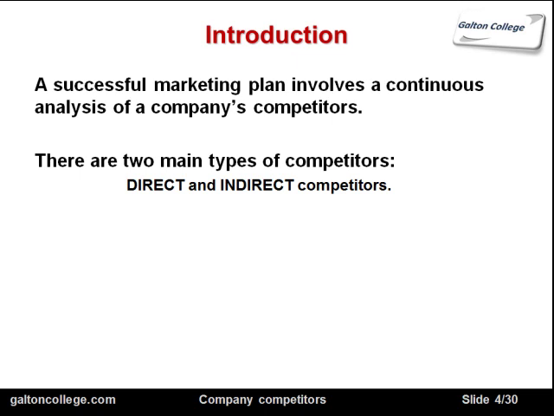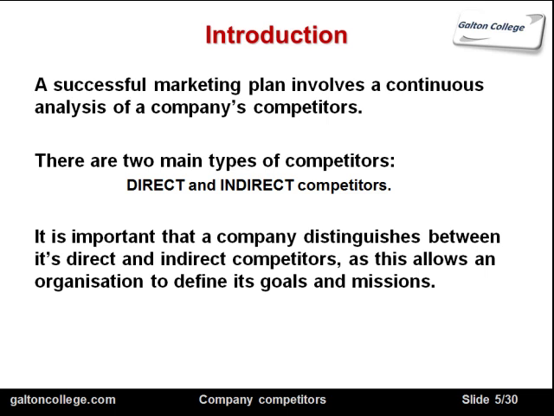And there are two main types of competitor that we need to consider: direct and indirect competitors. And the rest of this talk will be concerned with the differences between them and what they are. It's important that a company distinguishes between its direct and indirect competitors, as this allows an organization to define its goals and its missions properly.